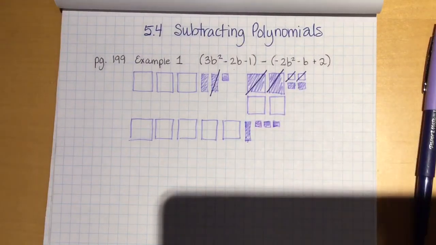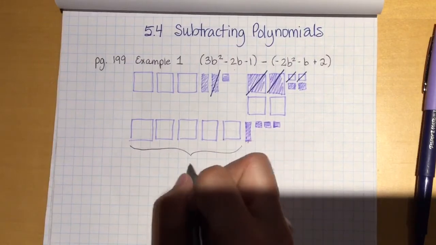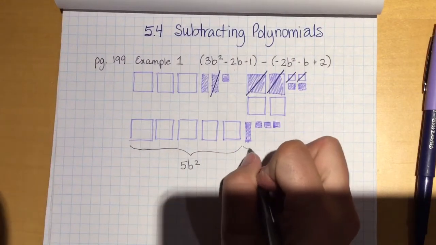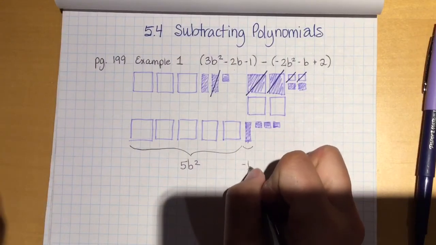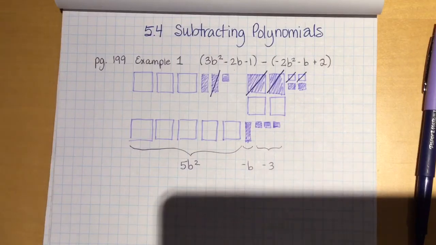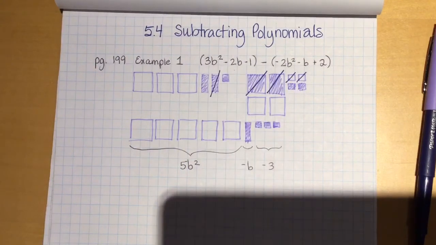So what does this give us? Well, this is 5b squared. This is negative b, and this is negative 3. So we have 5b squared minus b minus 3 is what you get when you subtract this from this.